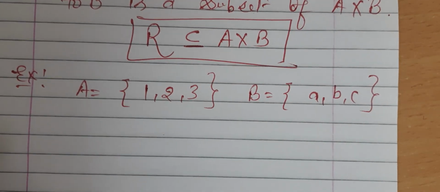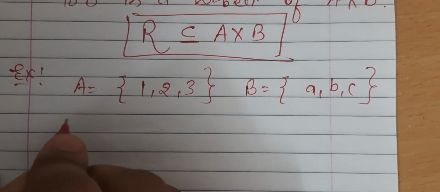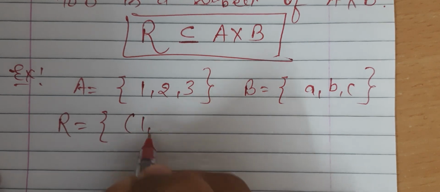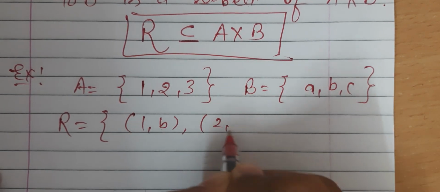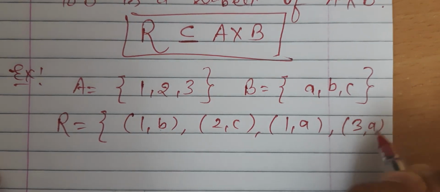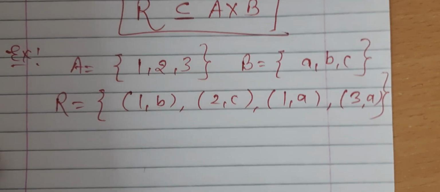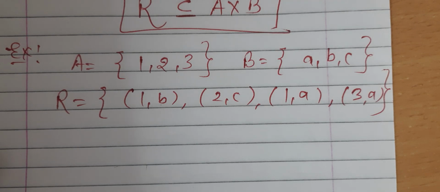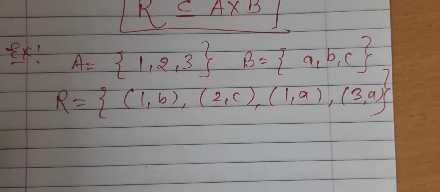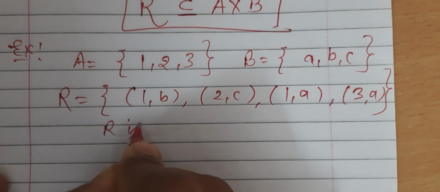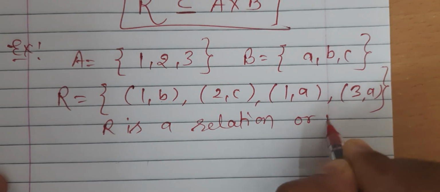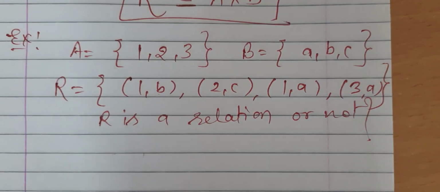Then we have to check whether this R, whose elements are (1, b), (2, c), (1, a) and (3, a), is a relation from set A to B or not.